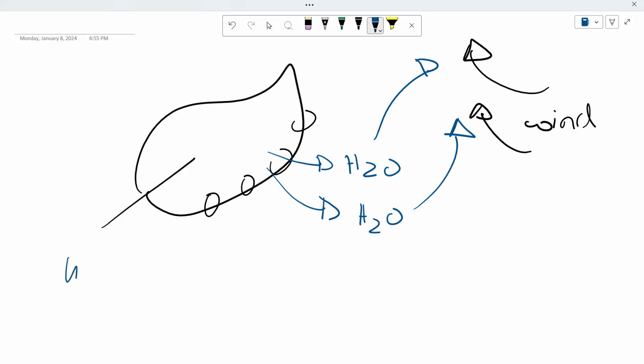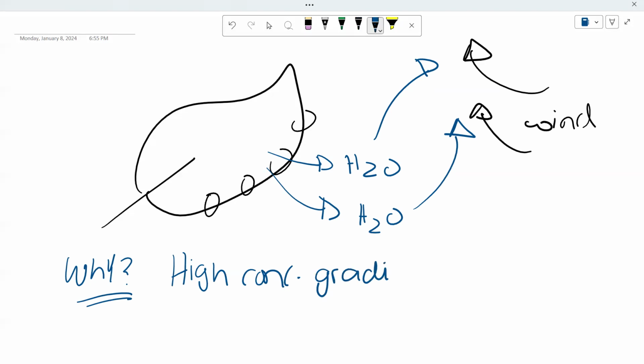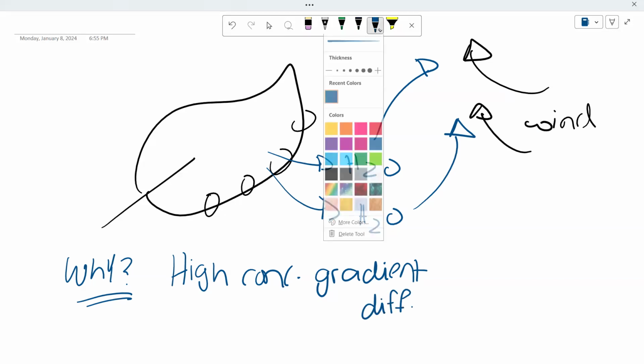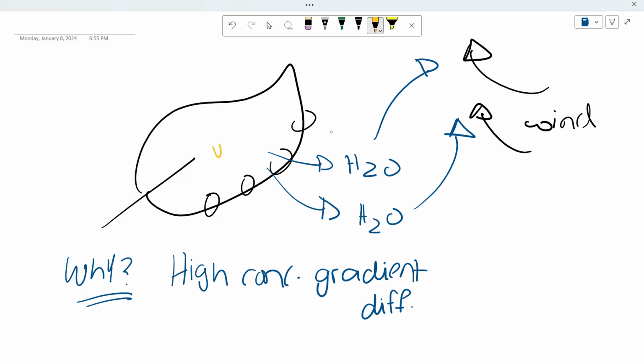We all agree. But the question is, why does it increase transpiration? Because this is going to create a high concentration gradient. What does a high concentration gradient mean? It means a high concentration difference. In other words, because the water is always quickly carried away, I will have lots of water inside the leaf and very little water outside the leaf.